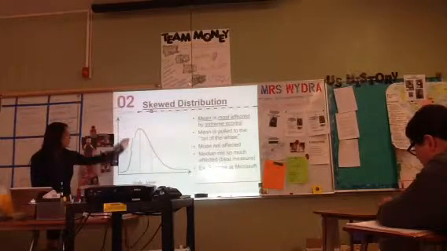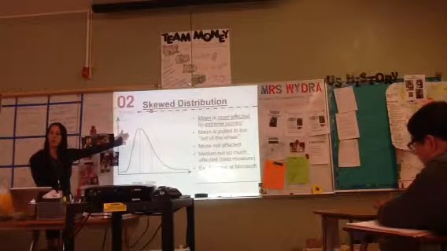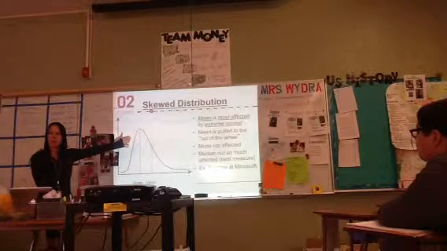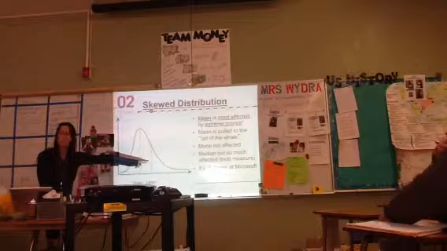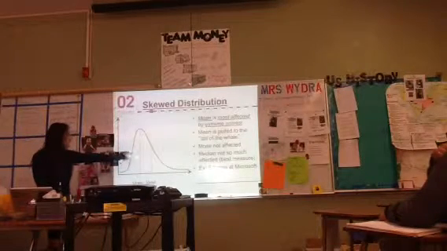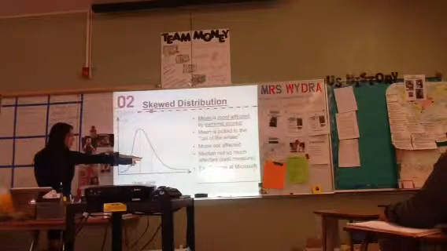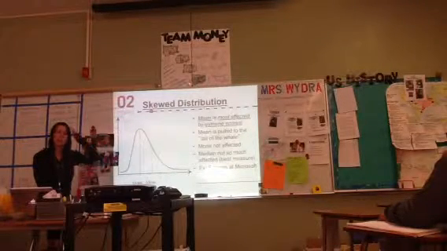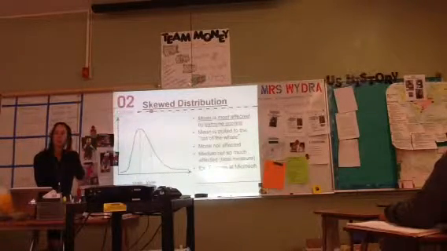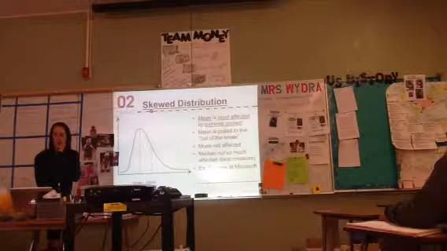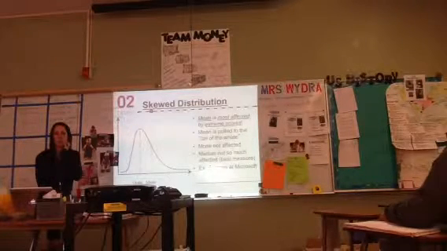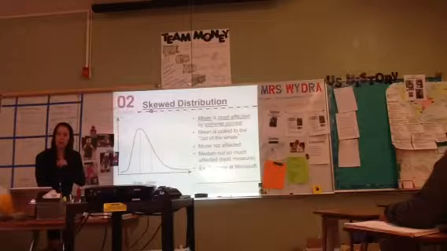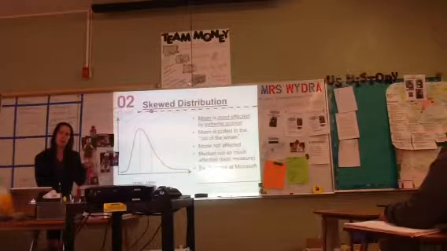Okay? Alright, skewed distribution. So remember the Bill Gates example? So Microsoft, most of the people make like, I don't know, 60,000, 70,000 or something. And then you have Bill Gates who makes like way more, right? Which moves the data. So the data's pulled to the tail of the whale. Okay, remember that? And in a skewed distribution, you don't want to use the mean because the mean is affected by those extreme scores.